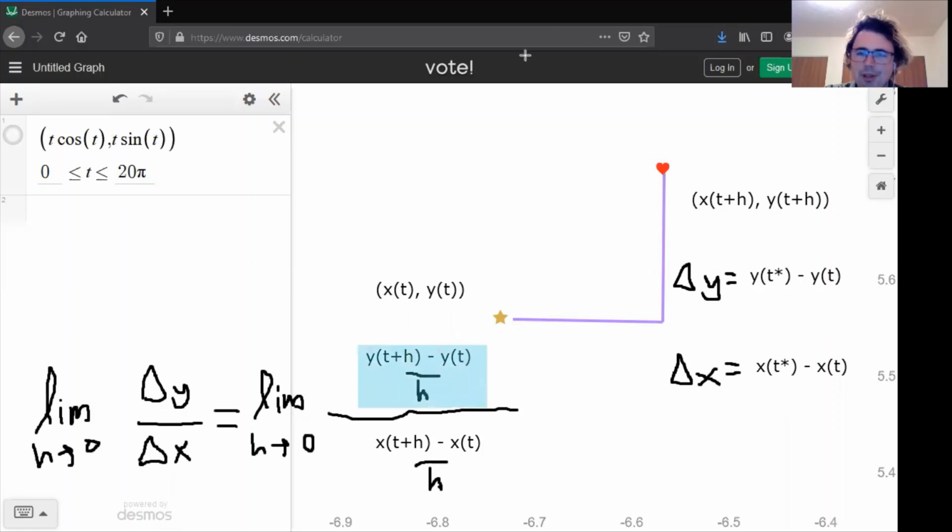Maybe this one up on top I'll label blue, and this one on bottom I'll label green. But I know how difference quotients work. As long as x and y are functions that do have derivatives, then the numerator here is the derivative of y. The denominator is the derivative of x. So I'll call these things y prime and x prime.